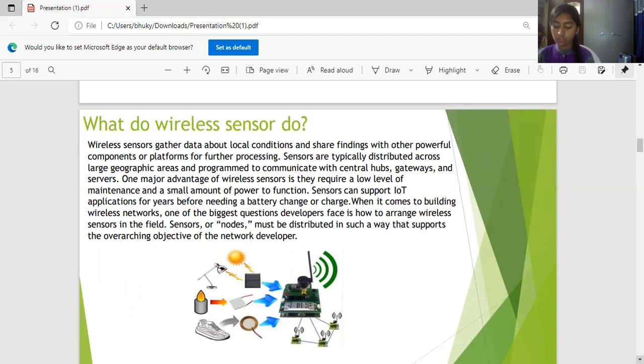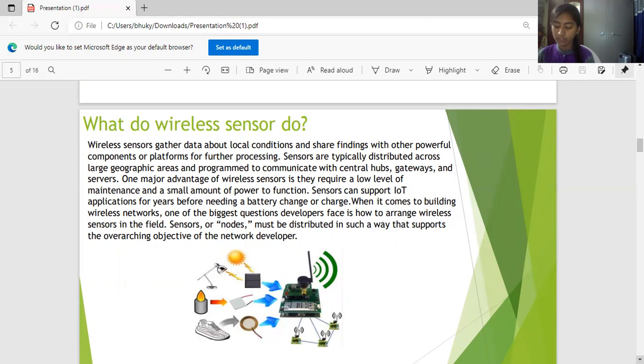The advantage of these sensors is that they require a low level of maintenance and a small amount of power to function. Sensors can support the IoT without needing a battery change or charge.